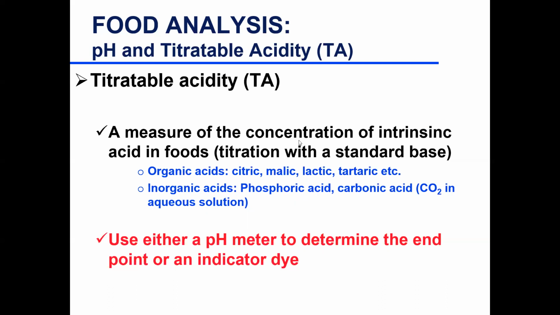At the end point, or at equilibrium, you would see a change in the indicator color, and that would be the end of your titration. The last drop will cause a change in the indicator due to a change in pH. So you can either measure a change in pH by a pH meter or use an indicator and stop titration when you see a change in color that is permanent, doesn't fade.